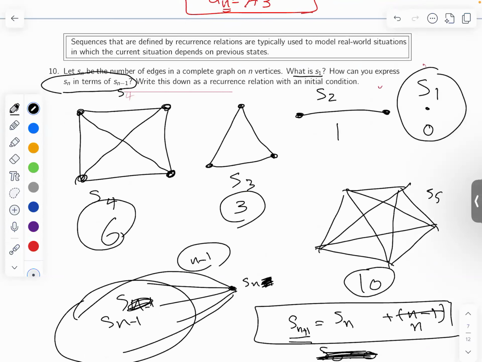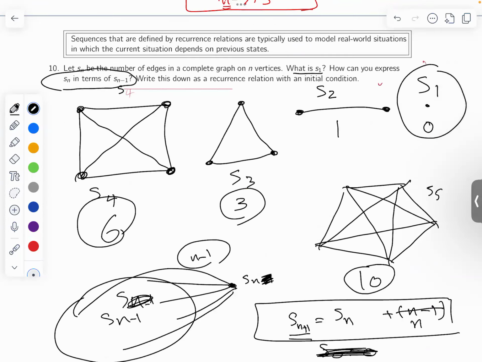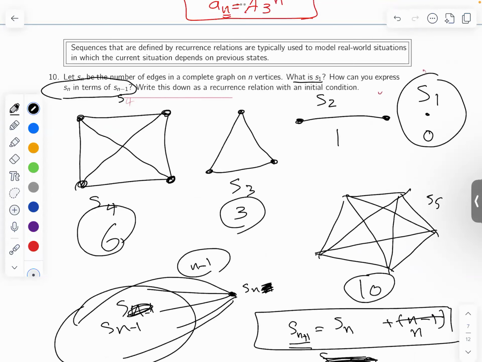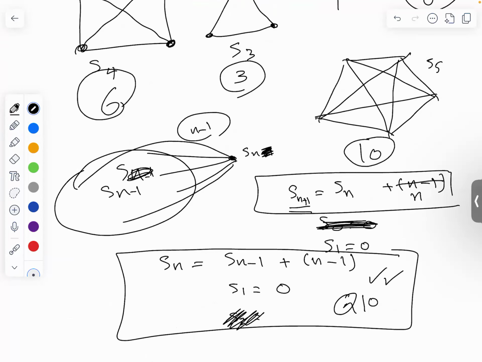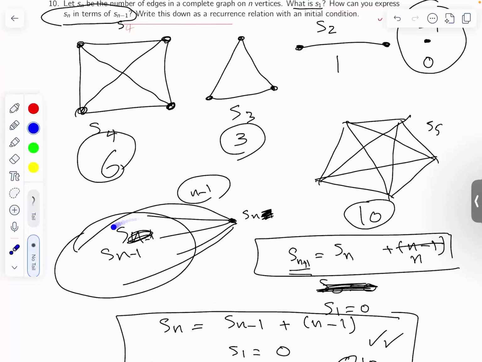S1 is just one vertex and there is no edge. Okay. How can I express? I explain.